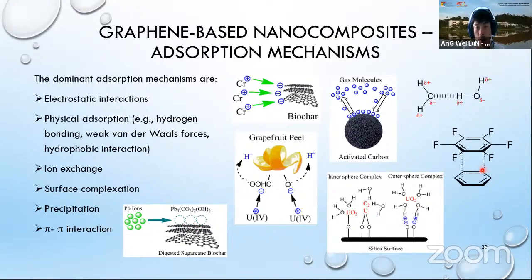Or pi-pi interaction, where the pi structure of the graphene unit and the pi structure of the pollutant tend to interact with each other, and the pollutants are captured by the adsorbent. Those are the main dominant adsorption mechanisms that play a big role in the removal of pollutants by graphene-based materials.